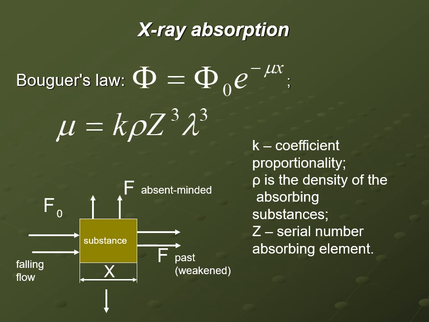Therefore, X-ray radiation has a sufficiently high ionizing effect. If we have an X-ray photon with insufficient energy to knock out an electron, then it is possible to excite an atom of matter. Photochemical reactions are possible. In other words, this is also the case in the case of exposure to X-rays.